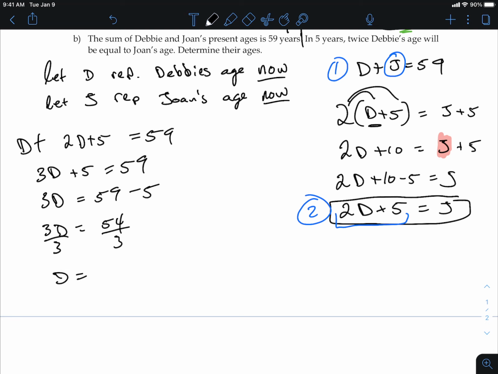D is equal to 54 divided by 3, which is what? What would be 60 divided by 3? 20. 60 minus 6 is 54, so you're going to take 2 threes off. It's going to be 18.